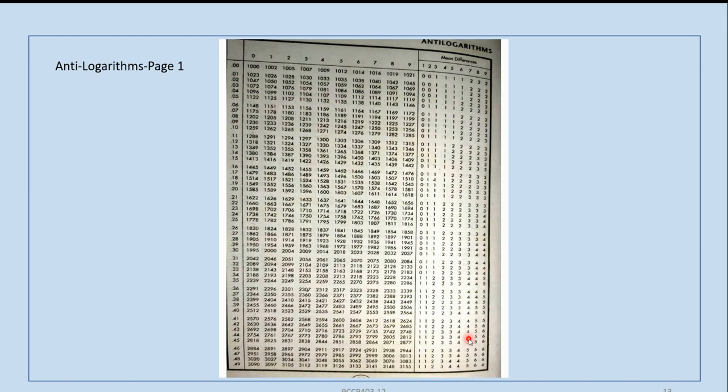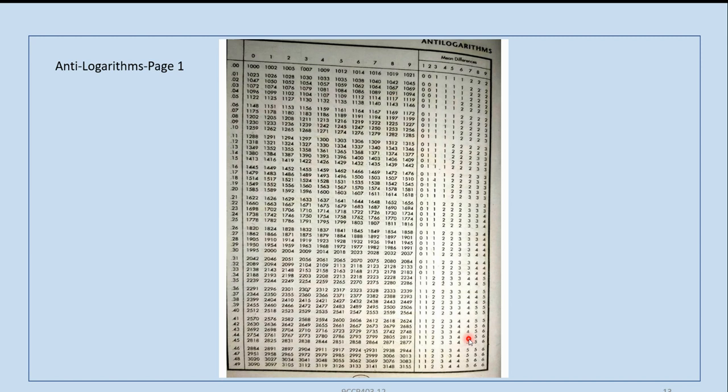Now you write this 2727 aside. Now coming to the seven part. Before the decimal we have 7. When we were calculating the logarithm, we took 3 for 4 digits.